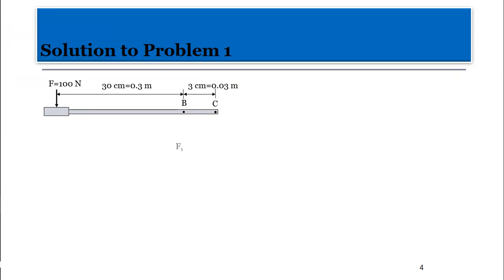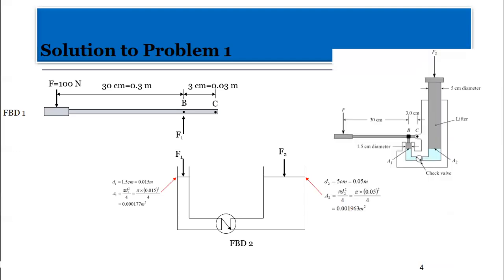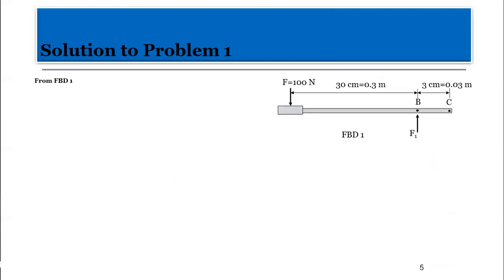So with that, this part we've already estimated. Over here, between points B and C, it is actually 3 centimeters, not 5 centimeters. So we go with the 3 centimeters, okay? So 0.03 meters.